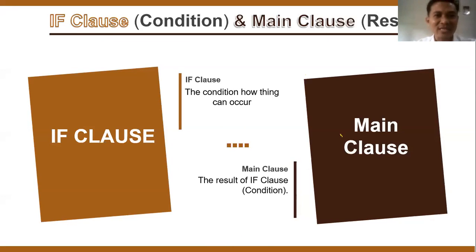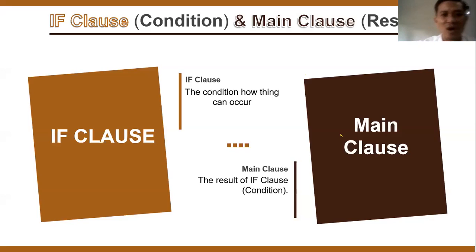So what is the if clause? The if clause is the condition for how things can occur. For example, if I had a lot of money, I would buy a nice car. Which one is the if clause?